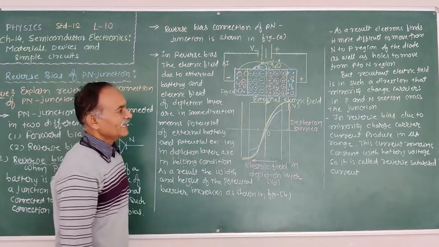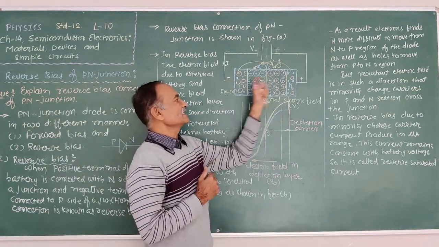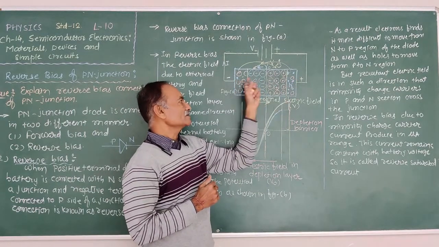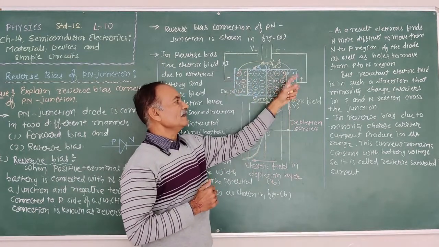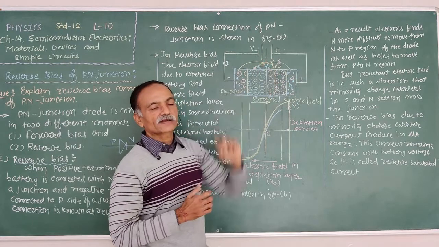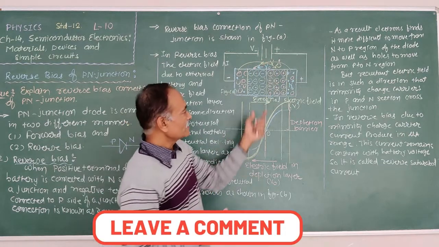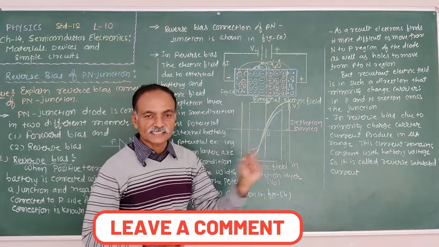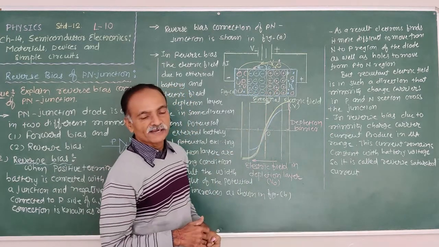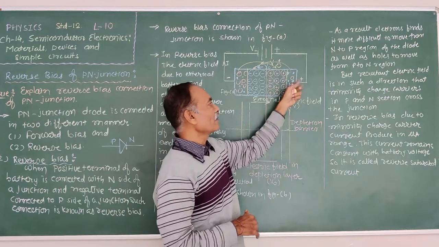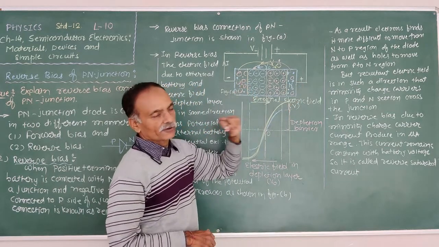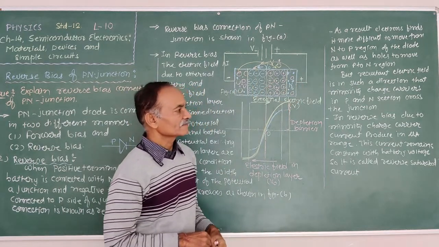Right? Therefore, the minority charge carriers, the electron in P region and the hole in N region, can cross the junction.